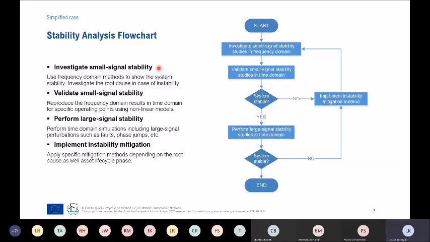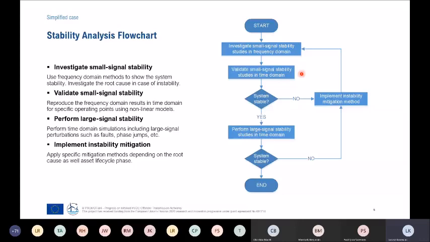However, frequency domain, we know, is a linear representation of the system. Therefore, validation in time domain, when the nonlinear model representation is used, is very crucial to be sure that the linear assumptions are just fine for specific operating conditions.